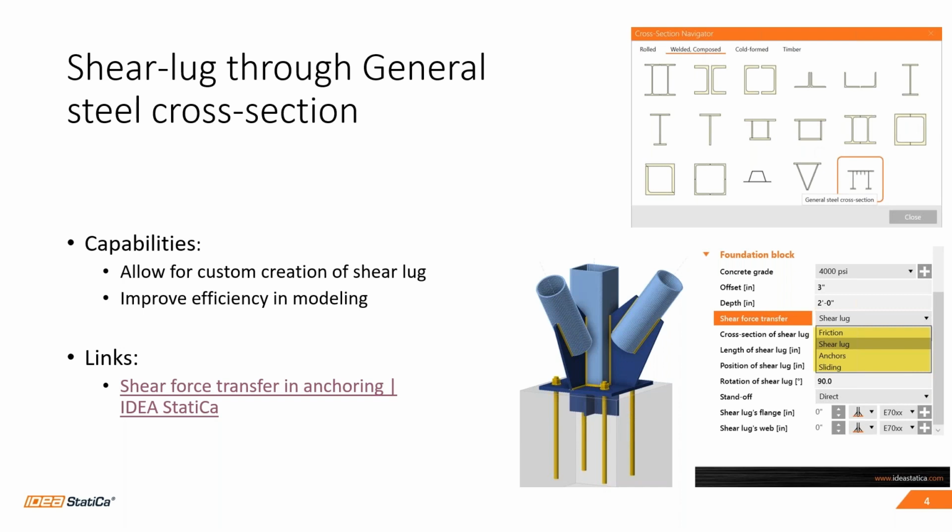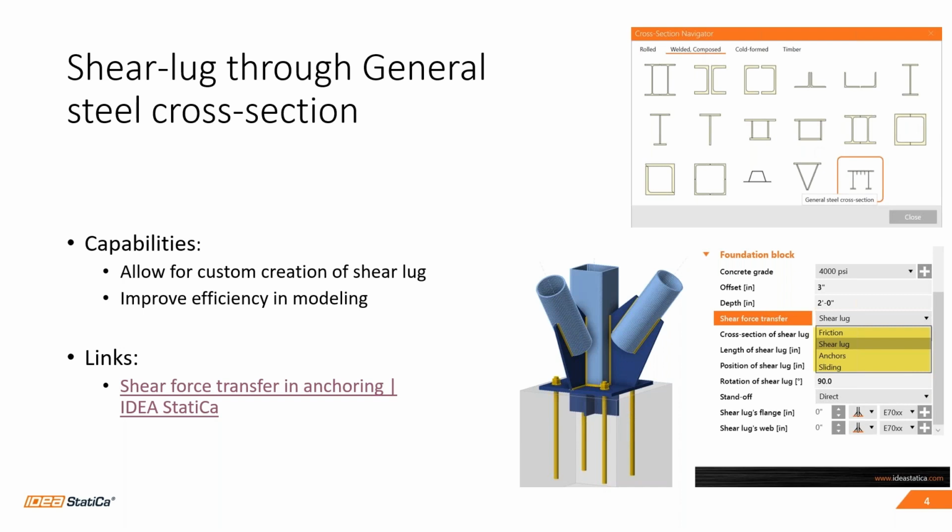Now, typically when creating steel to concrete connections, there are different ways to model the transfer of shear forces. As you can see on the bottom right corner, we have 4 different types. The first one, friction: the shear resistance equals the friction coefficient multiplied by the compressive load. For the anchors, the shear resistance is determined by the shear resistance of the anchors.